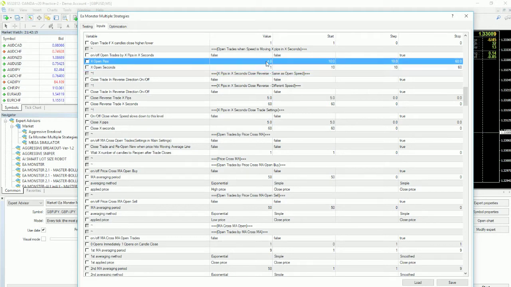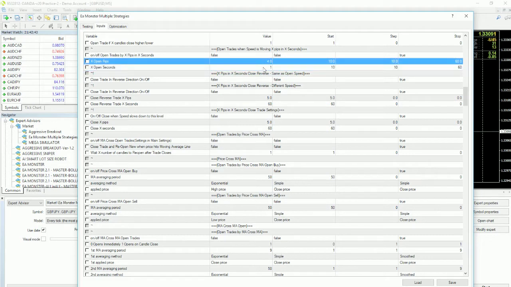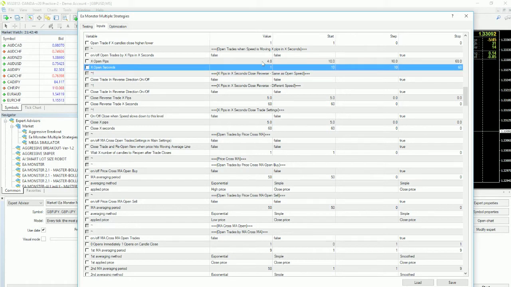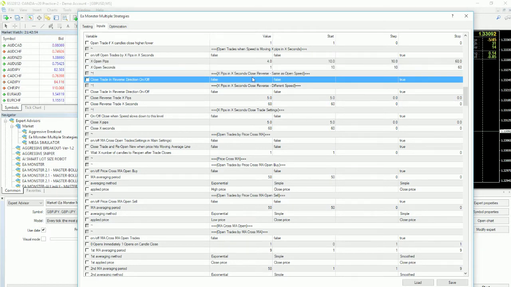So you basically have this set to 4 pips per 1 second, and when it opens, the pending is also set to 4 pips above for buys, 4 pips below for sells, and if the price moves, it'll literally shut off in a second or 2 seconds or 3 seconds or up to 10 seconds, depending upon which your forward test works best. That's what I'm doing this week. I'm testing that out right now to see how we can try to get 95 to 100% profitable using this strategy right here.